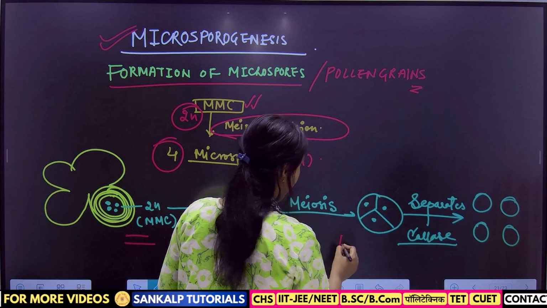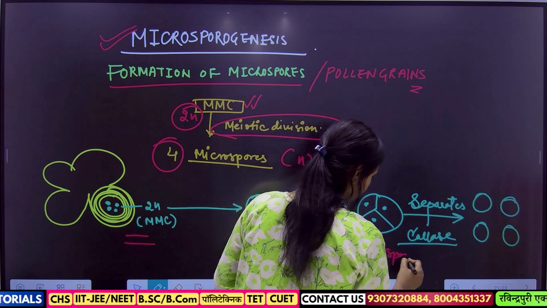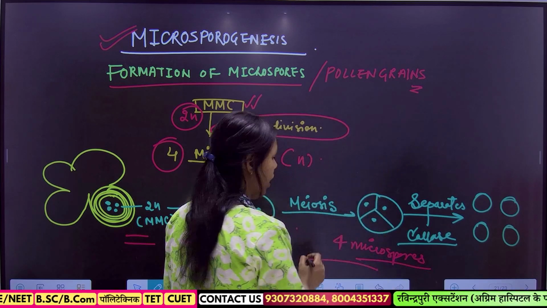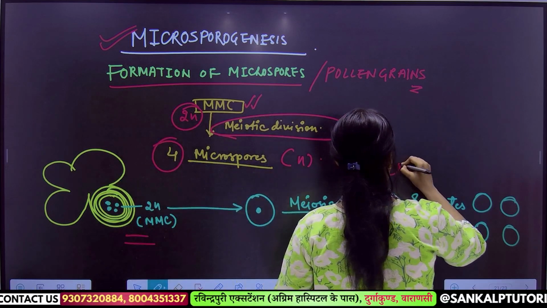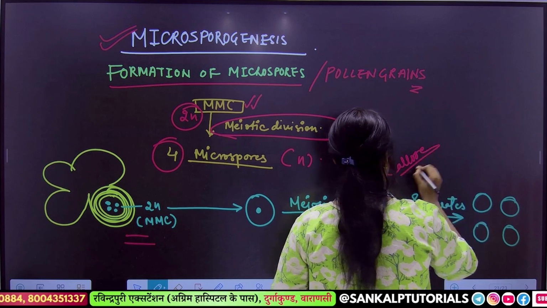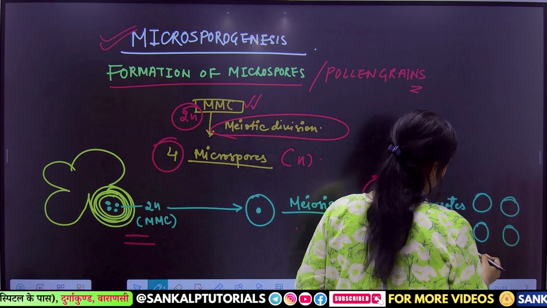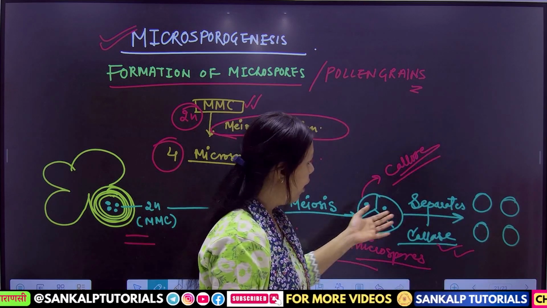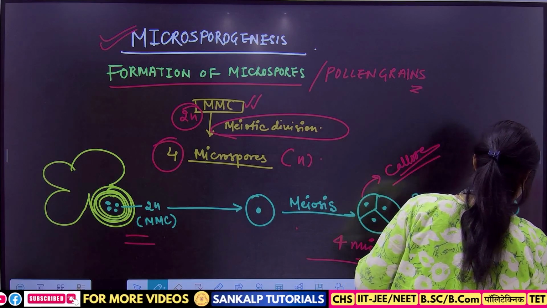All these four microspores are attached to each other by callose, and callase enzyme breaks these and separates them as pollen grains.